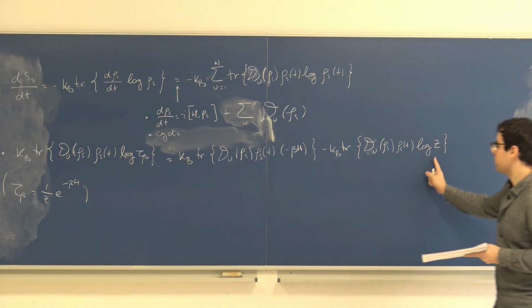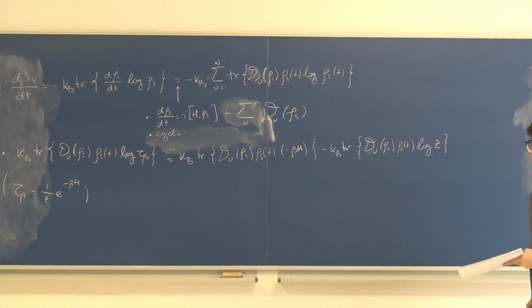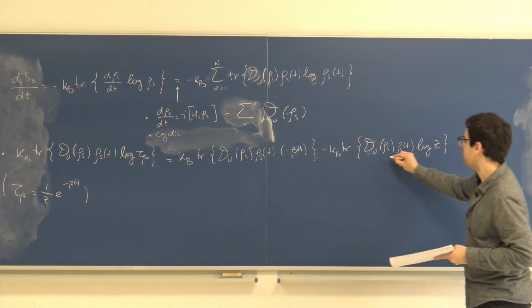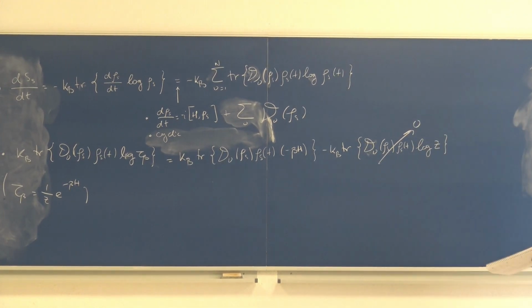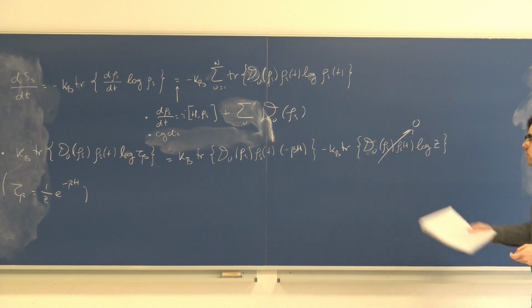So there's a number, you can take this out, and because of trace preservation arguments, this term is equal to 0, right? You have to preserve the trace of your system.